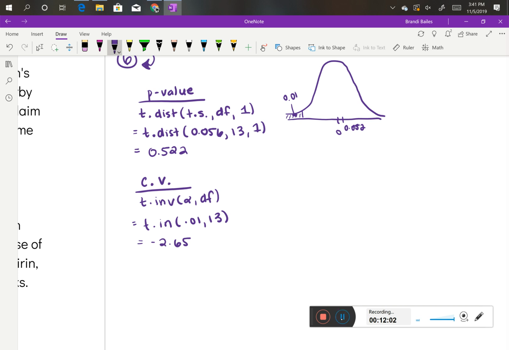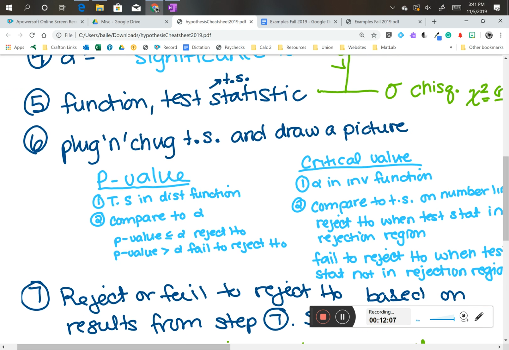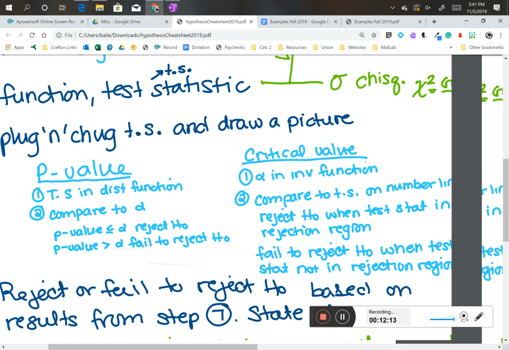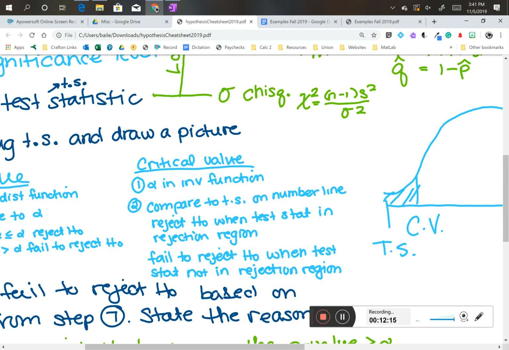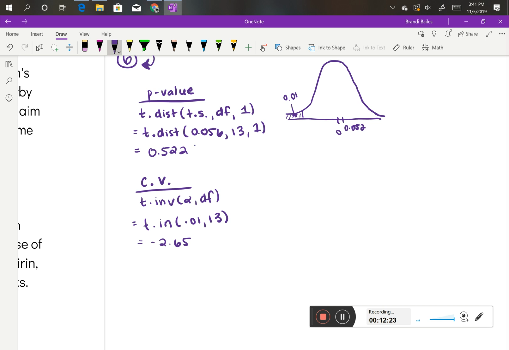So to use the two tests, going back to our cheat sheet, if we compare our p-value to alpha and find that the p-value is larger than alpha, we fail to reject H0. If we compare our critical value to our test statistic and find that our test statistic does not fall in the rejection region, we fail to reject H0. So let's check. Here, this is much larger than alpha.